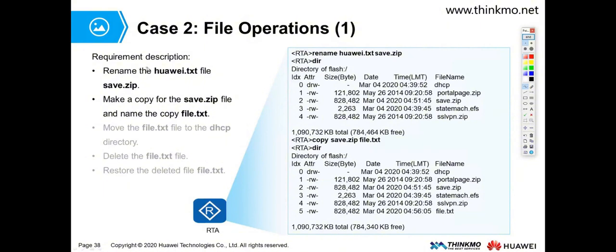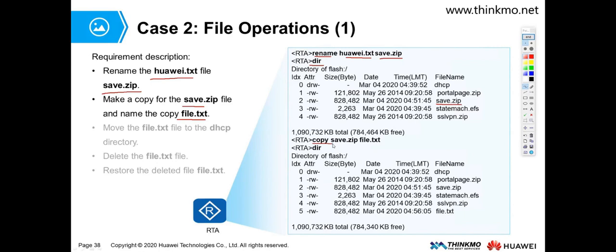If you want to perform an operation on a file, for example, if we want to rename the file huawei.txt to save.zip, and also create a copy of this save.zip file, naming the copy file.txt, then here we use rename. In the front is our previous name, and at the back is the new name. Here you can see that its name has changed to save.zip.